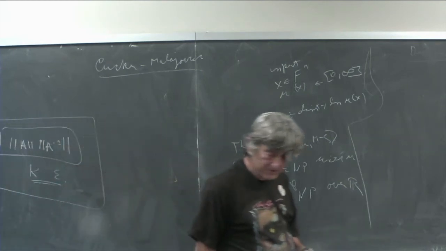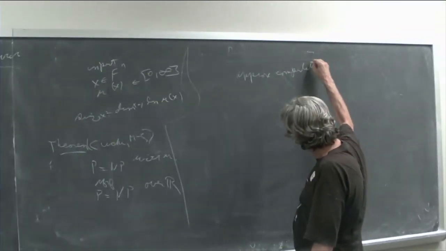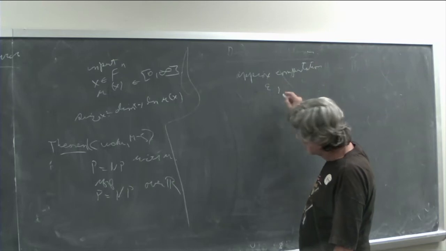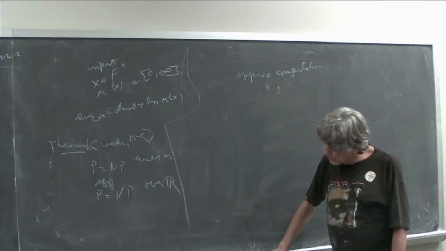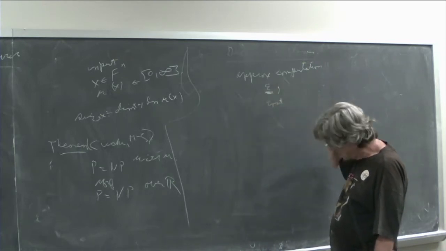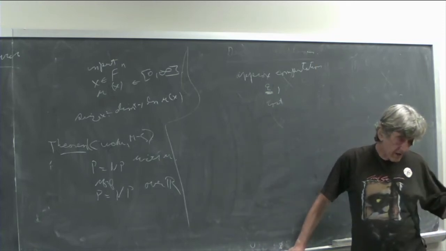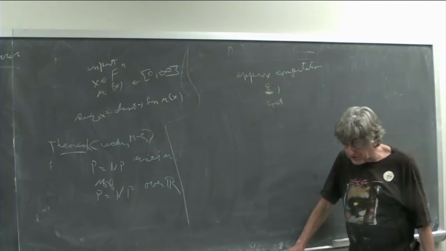Good, that's a very good observation. So anyway, this is true. And now if we try to go to approximate computations, we're going to try to compute things up to epsilon. We're going to compute in floating point numbers, up to relative error epsilon, but only using floating point numbers.